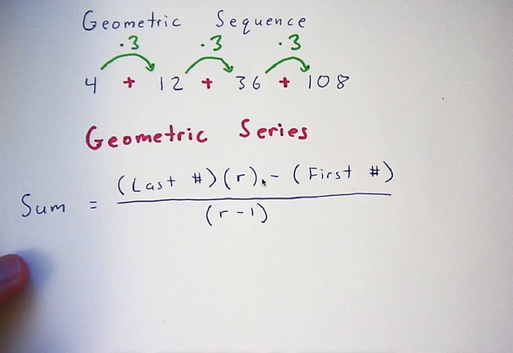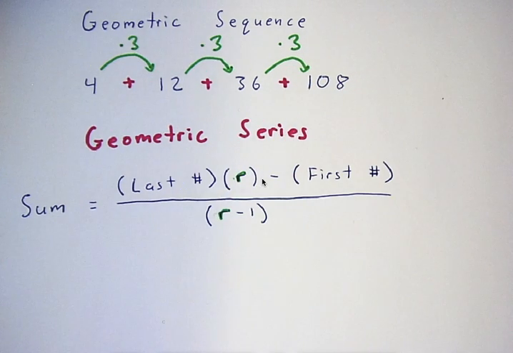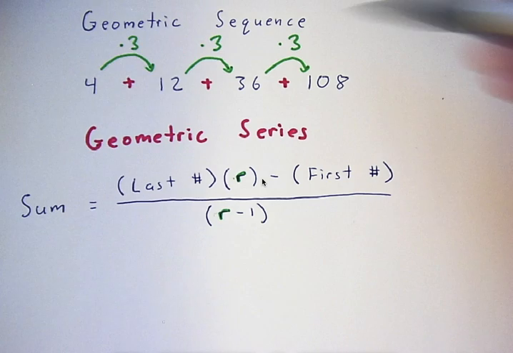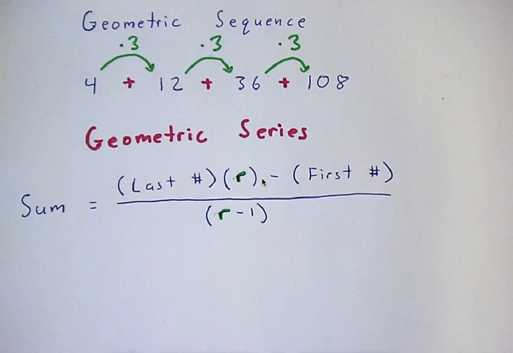And once again, r is just the number you are multiplying by in order to get each of the next numbers in your sequence.